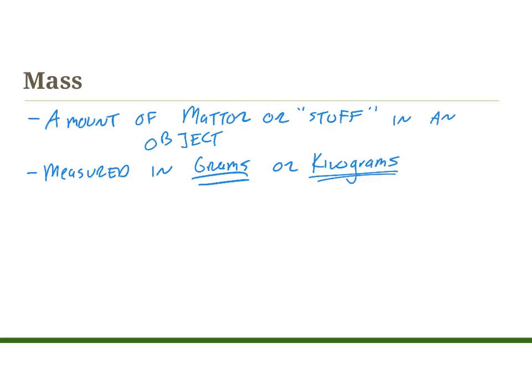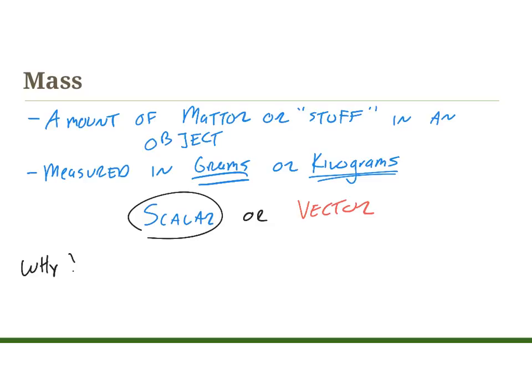So the question that we should ask ourselves is, is mass a scalar or is it a vector? Well, in this case, mass would be considered scalar. Why? Well, it's scalar because mass just has no direction.